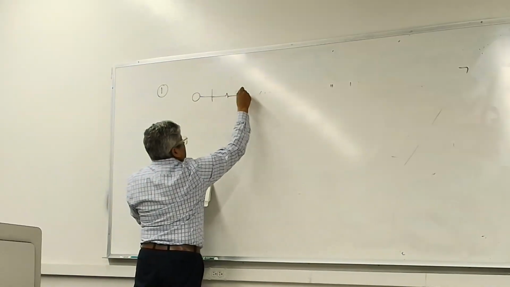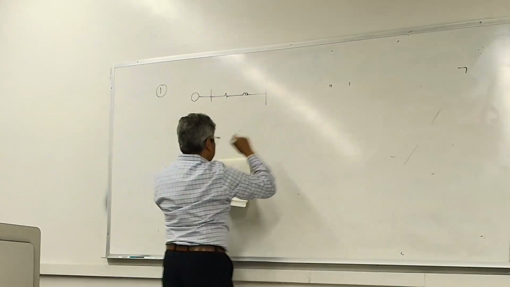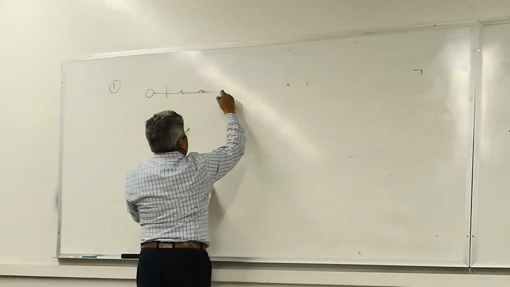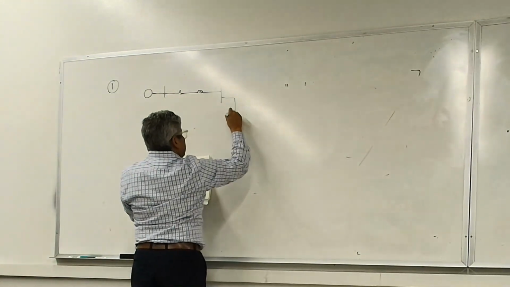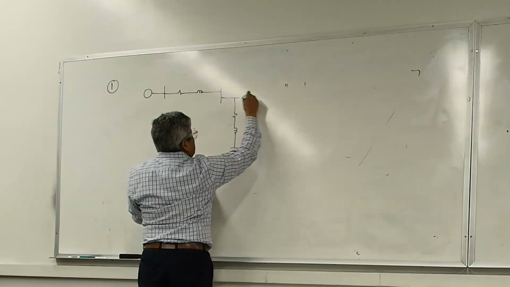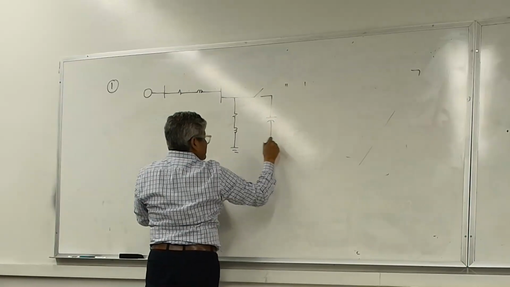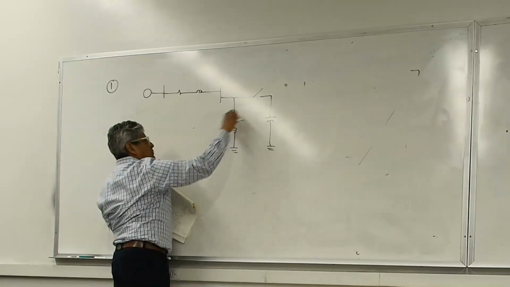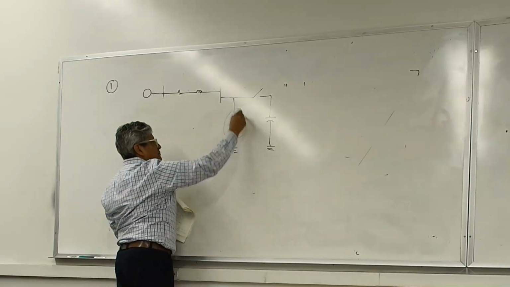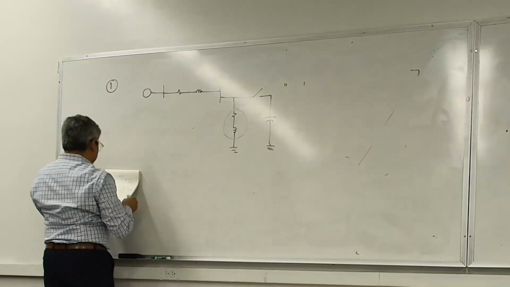A line or cable, conductor, whatever you want to use. And then I'm going to have a load that is resistive and inductive. Then I'm going to have a switch that is open, and a capacitor right here in parallel with this. This is my load. And I have this open.